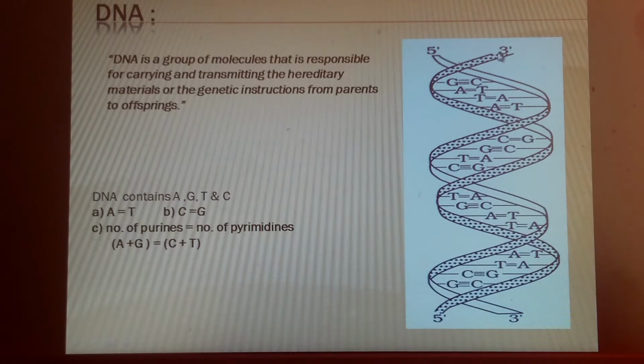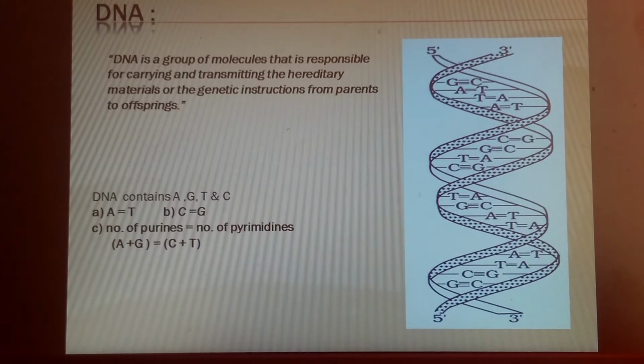We can say that it is 3' ended, so it ends with a 3' carbon here. Here it ends with the 5'. So we have 3' and 5' positions. What do the 3' and 5' exactly indicate? They indicate free hydroxyl groups at the terminals, that is, free OH groups are present.